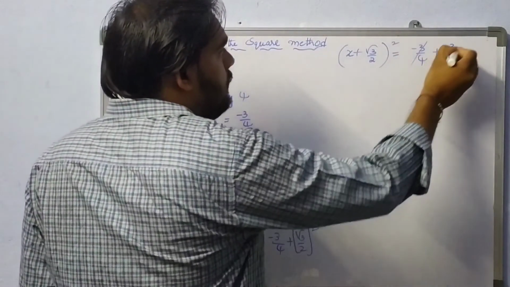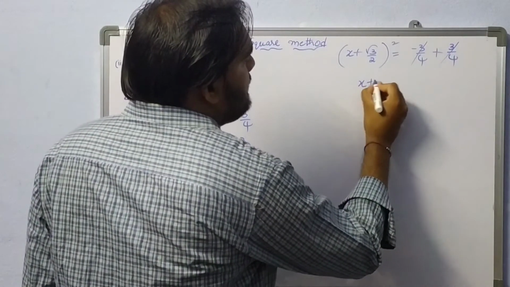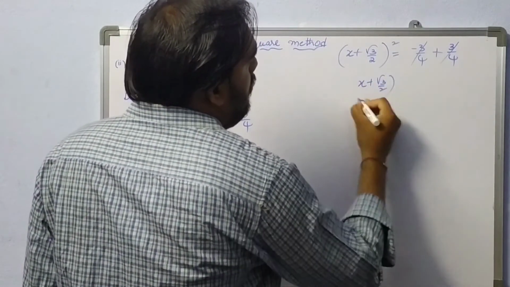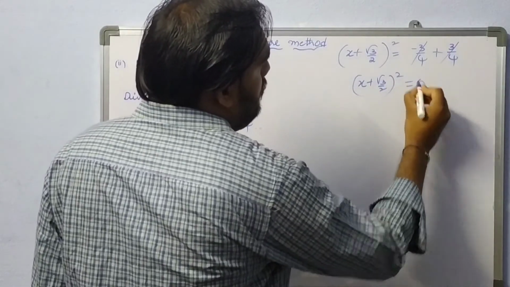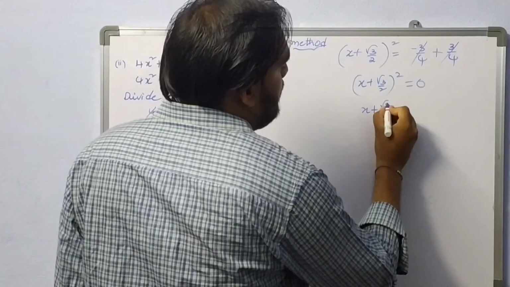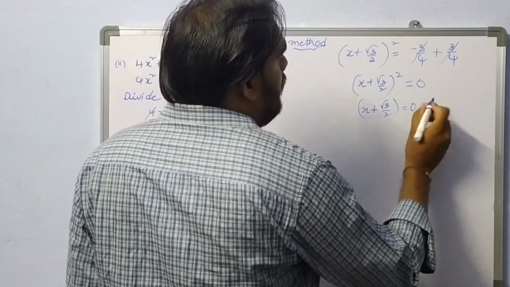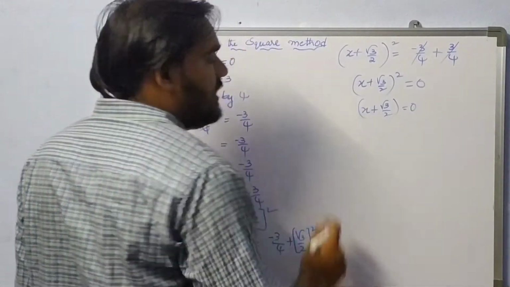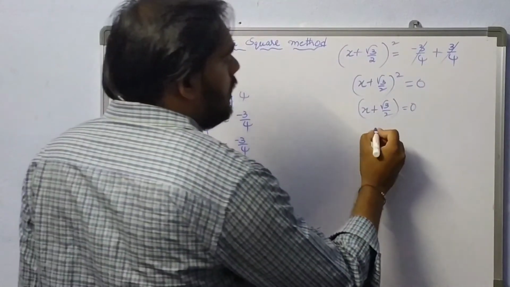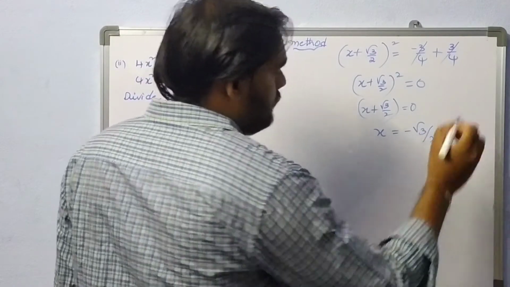So minus 3 by 4 plus 3 by 4 gets cancelled. Now we will get x plus root 3 by 2 whole square is equal to 0. At that time we will get x plus root 3 by 2 is equal to 0, taking square root on both sides. Now x is equal to minus root 3 by 2.